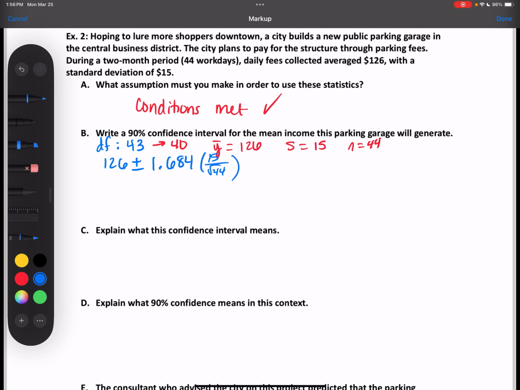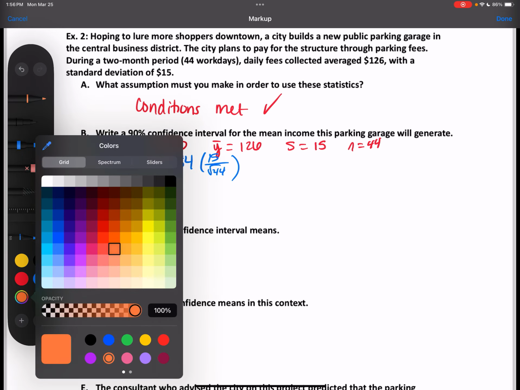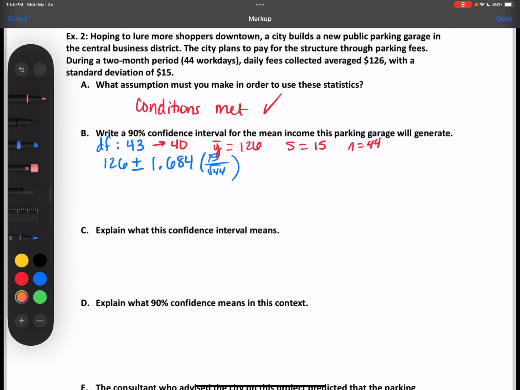The calculator function is going to be t interval. From that one, you go to stat test, I think so, yeah. And then you'll go down to number 8, T interval.